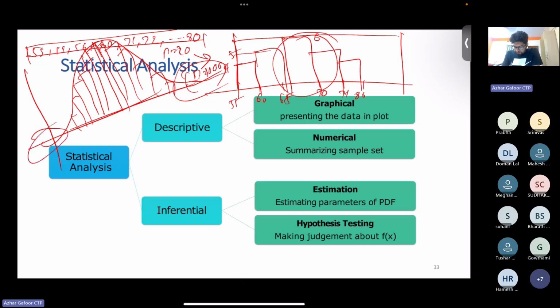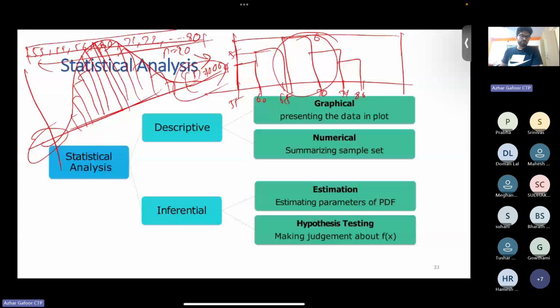Then we have the numerical analysis, that is, summarizing the sample set with the mean, variance, and such single values. We cannot go on and tell everyone the data we have is 55, 55, 56, 70; we cannot tell all these 100 or 1,000 values.